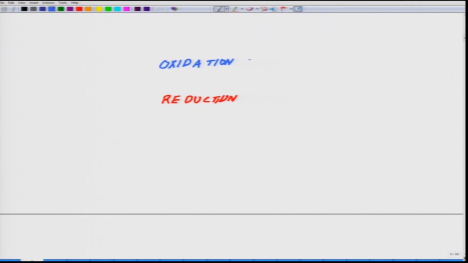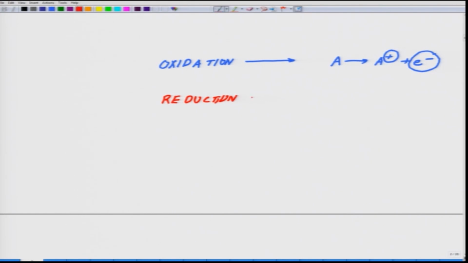Oxidation is a process whereby some material, say A, donates an electron and attains a positive charge. Okay. So, this is the electron which A is donating and this is the positive charge which it is attaining.